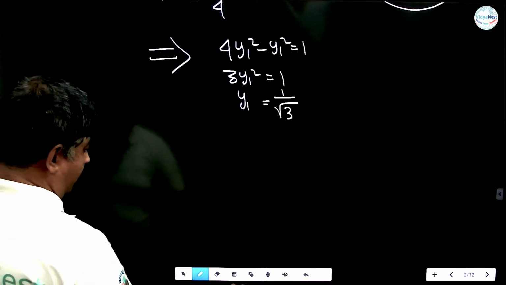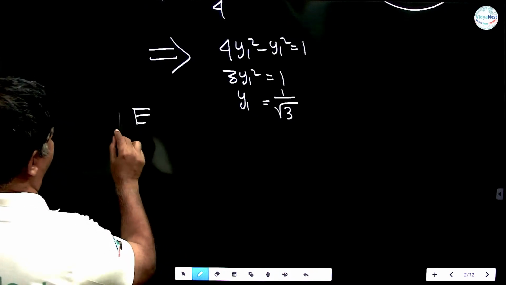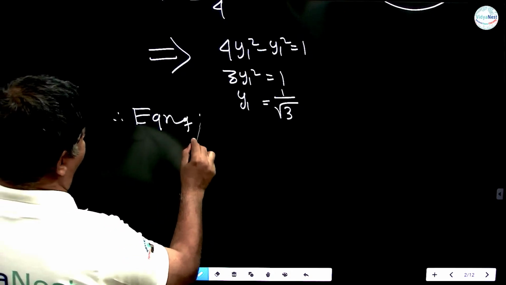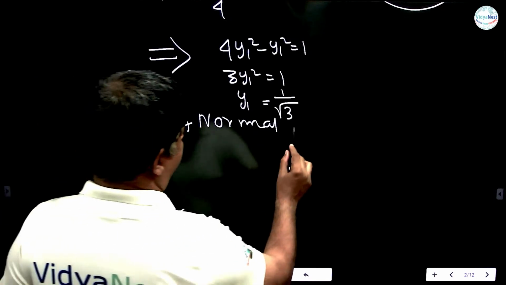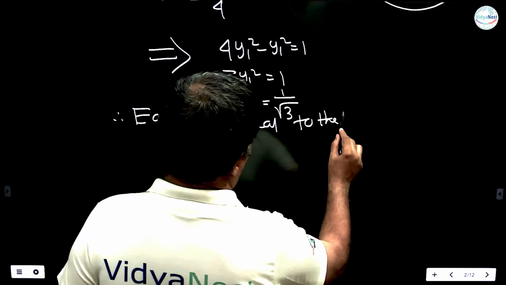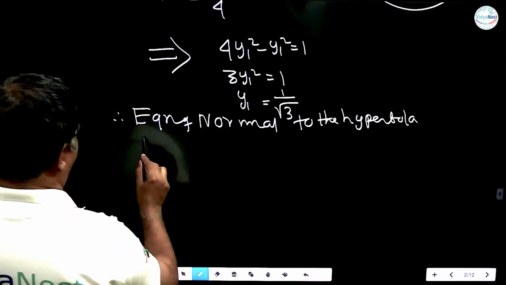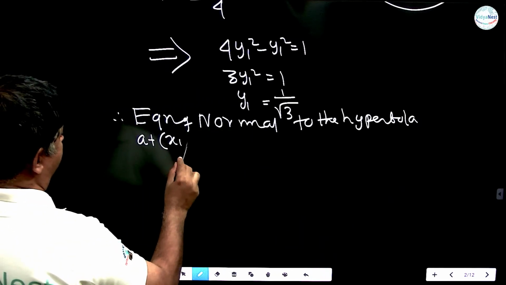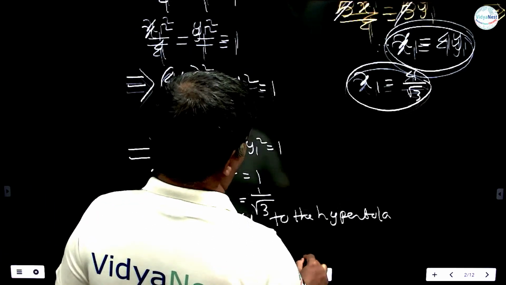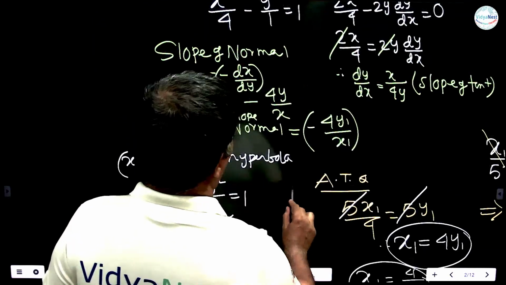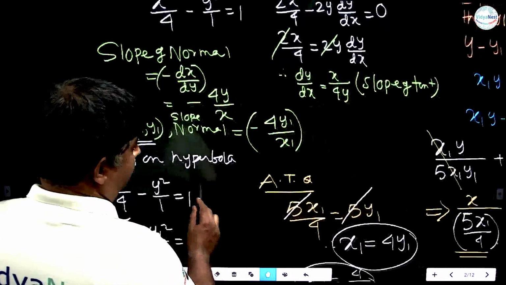Therefore, the equation of the normal to the hyperbola at x1, y1 is, see, earlier you got the equation of the normal. Did we get it? Hope so.